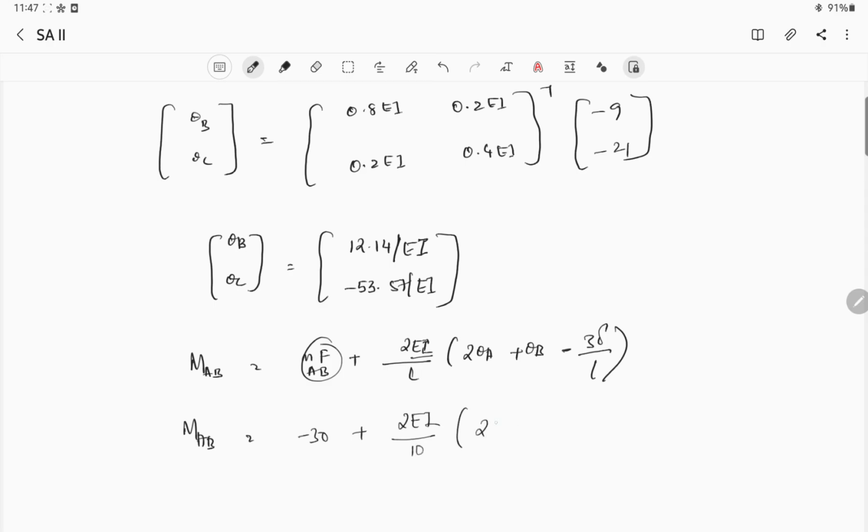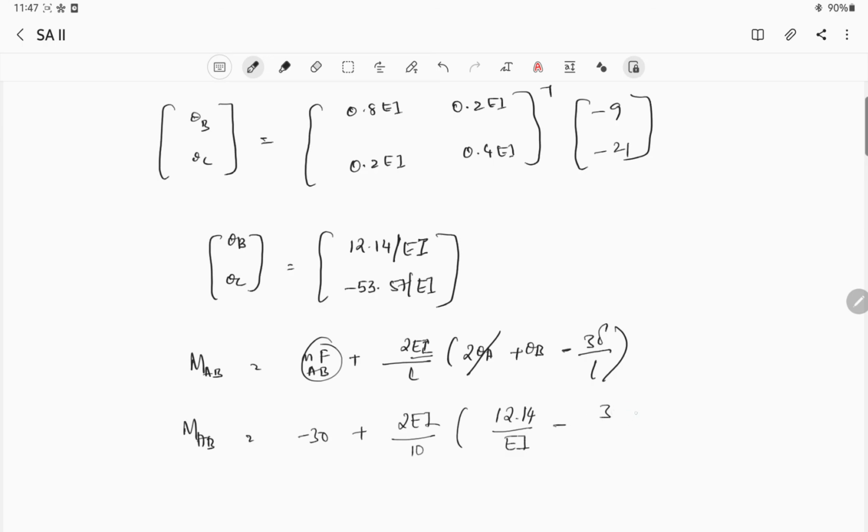What is the value of theta A you got? Theta A is 0, right? What about theta B? Theta B is 12.14 by EI minus 3 delta. What is the value of delta?